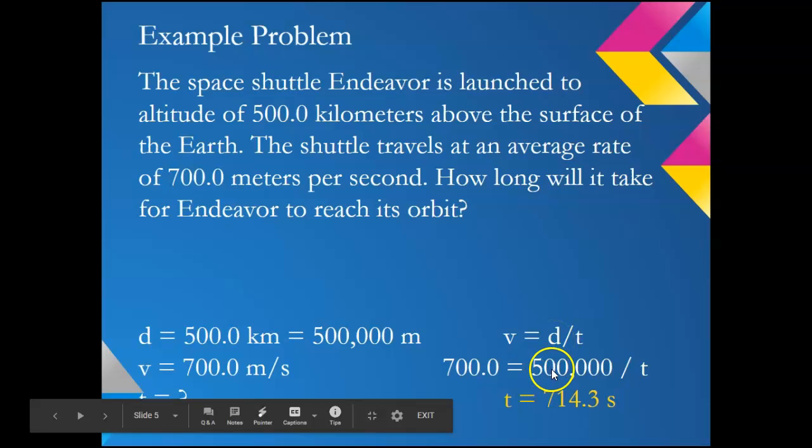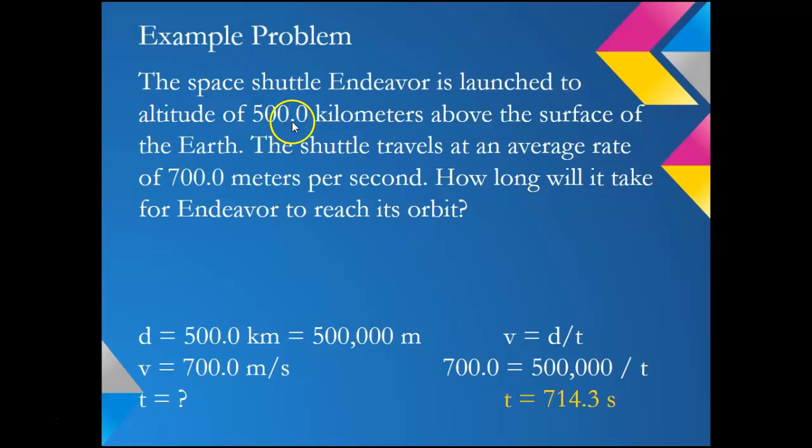By dividing 500,000 by 700, you obtain a time of 714.3 seconds. How long will it take for Endeavour to reach its orbit? Well, it will take 714.3 seconds to travel 500 kilometers.